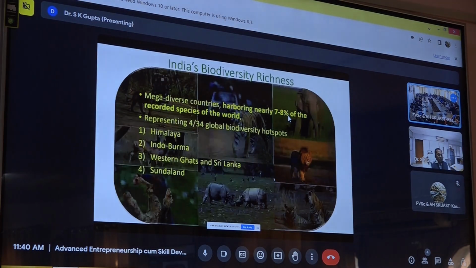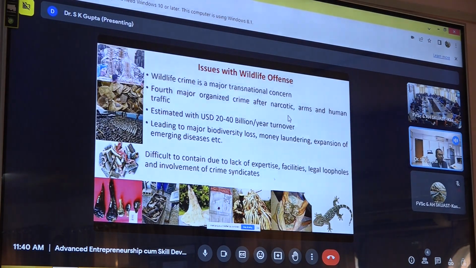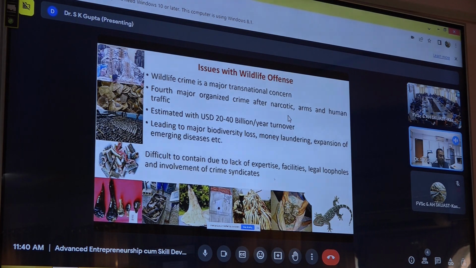Fine. So I was talking about the 4 biodiversity hotspots in our country, and the problem with wildlife is not only the problem of the country where biodiversity value is high, but it is also taken very seriously all across the globe, whether the country is rich in biodiversity or not, because it is linked with organized crime.